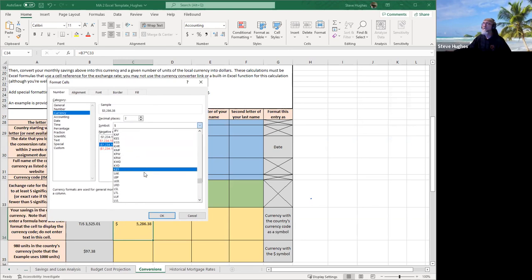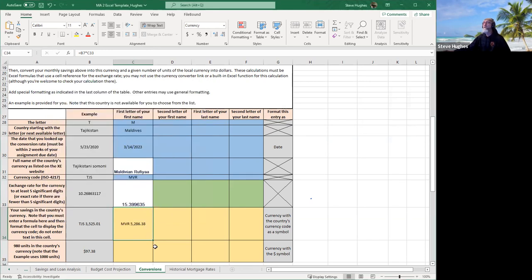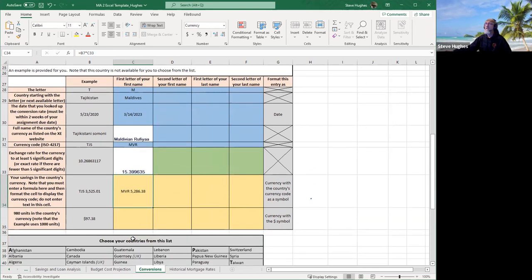That's what the name of it was, MVR. There it is. And I've got it. So MVR is the currency code.